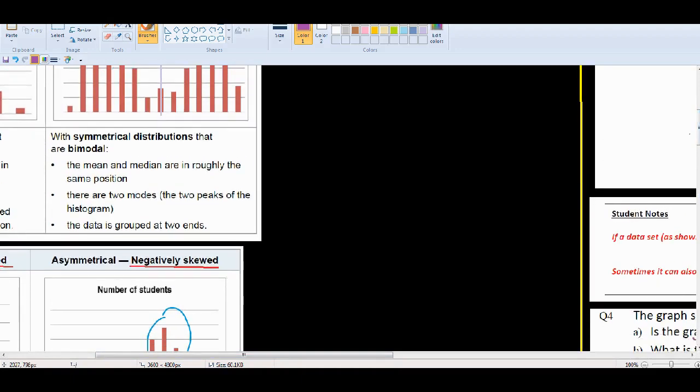Let's have a very quick summary of what we have learned so far. All distributions we can separate into two types. One is symmetrical, the other is asymmetrical. For symmetrical data, there are another two types: normal and bimodal.